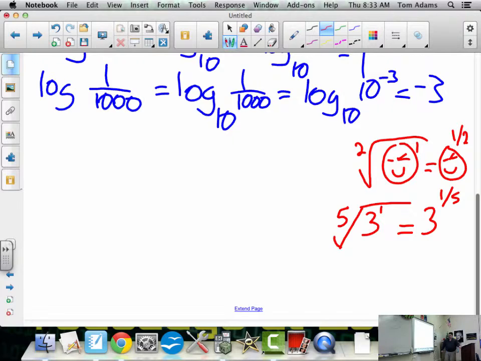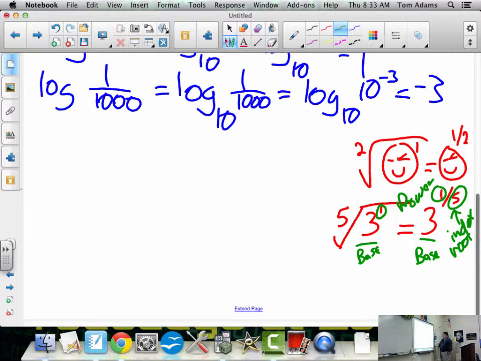Now, just so we're clear on some of the terminology, this is the base. This is the power. Okay? And the denominator is what we call the index of the root. So some textbooks will say index, and then sometimes they'll call it the root.